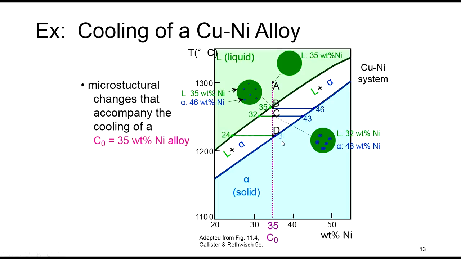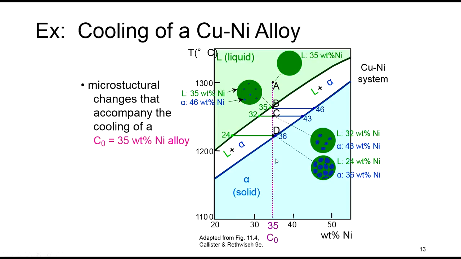We go down just a little bit to the left of the solidus. Still we are dealing with a two-phase material. Green is liquid with the weight ratio of nickel being 24, and 36% weight ratio of nickel.